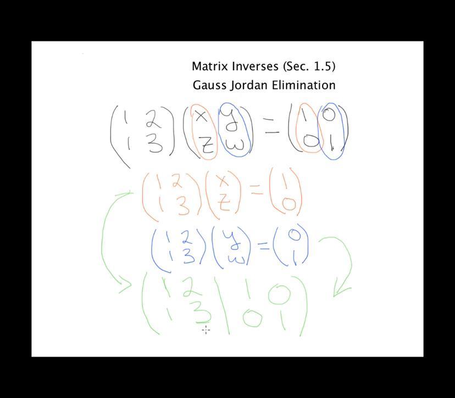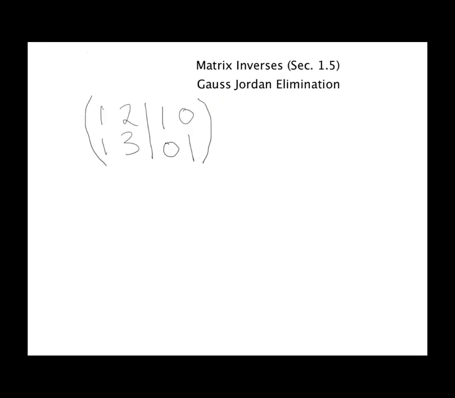And the idea of Gauss-Jordan elimination is that in order to solve for the inverse of this matrix, we're going to do row and column operations to this matrix. Okay, let's see how this works. So I've written down our 2 by 4 augmented matrix.